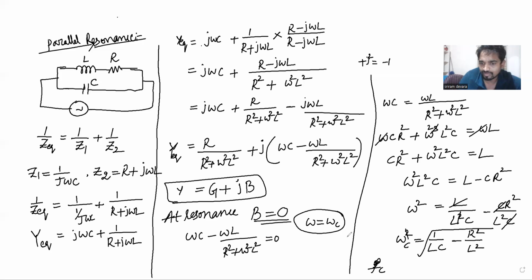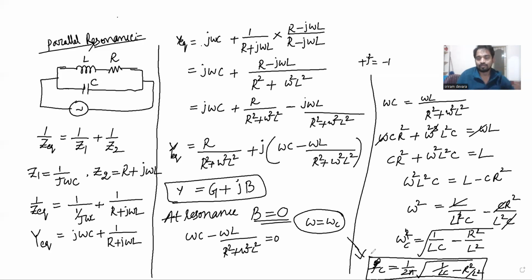So the resonant frequency is equal to 1 by 2 pi under root of 1 by LC minus R square by L square. This is the resonant frequency of the parallel resonance circuit.